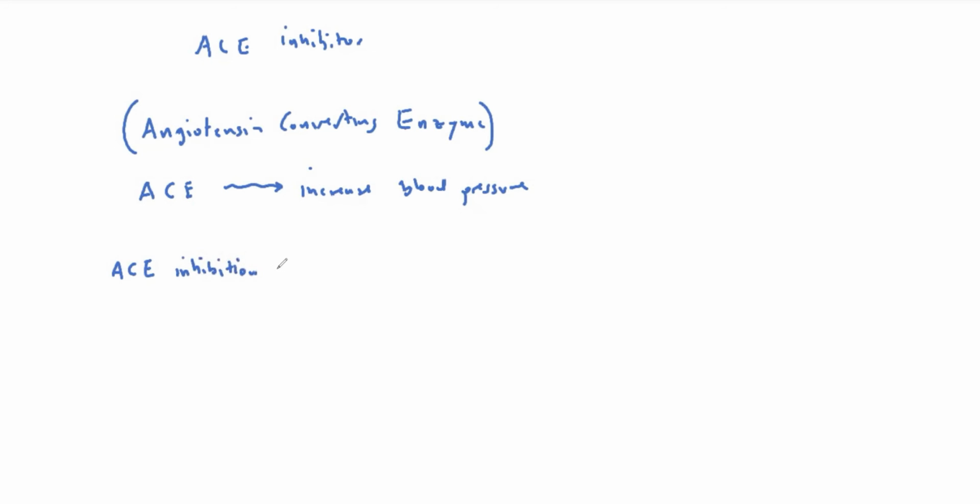If you inhibit the effect of ACE, you'd have the effect of... Well, yes, as a matter of fact, if ACE's activity has the effect of increasing blood pressure, we've got a huge number of Americans who are suffering from a condition called high blood pressure or hypertension. And so if ACE normally increases blood pressure, general inhibition of ACE is going to be good potentially as a treatment for hypertension.